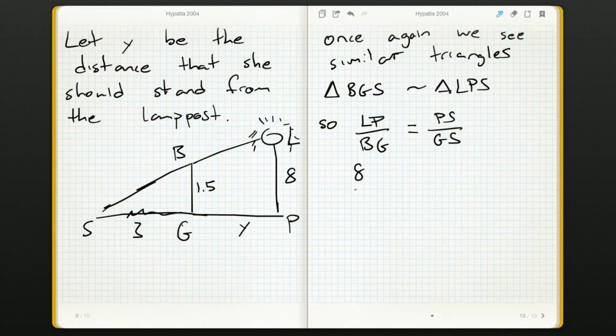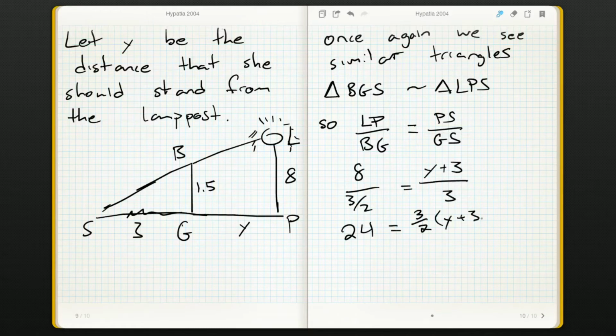So that's 8 over, I'm going to change 1.5 into 3 halves. So that's going to be the same as PS, which is y plus 3, over GS, which is 3. Okay. So cross multiply. 3 times 8 is 24. And then we're going to get 3 halves times y plus 3.